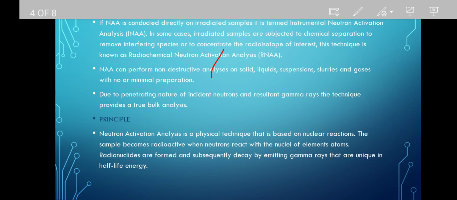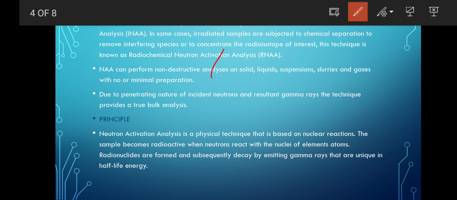For example, take a pure metal and an impure metal: there will be certain impurities, so chemical separation removes interfering species or concentrates the radioisotope of our interest, meaning whatever we require, we take. This technique is known as radiochemical neutron activation analysis. Instrumental we call INAA, and this radiochemical one RNAA.